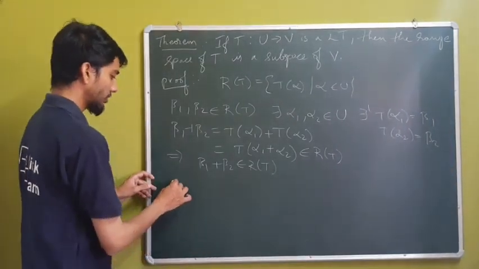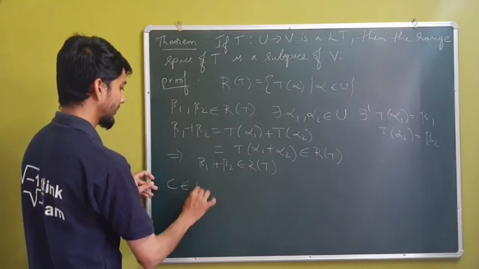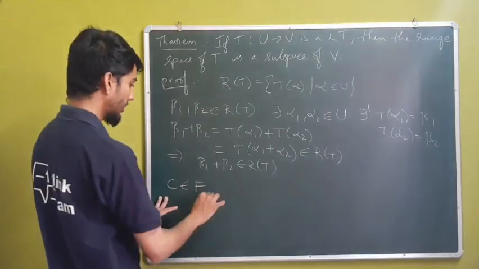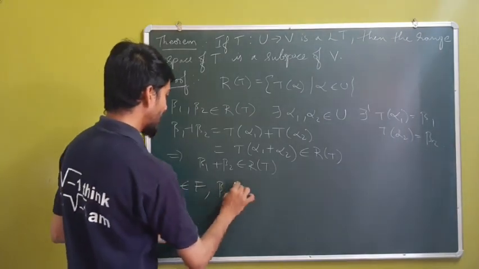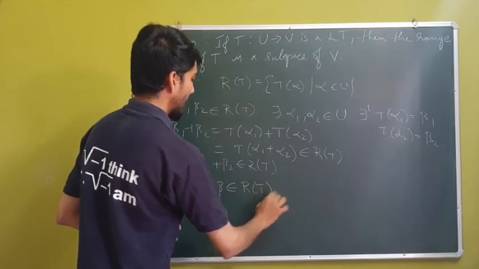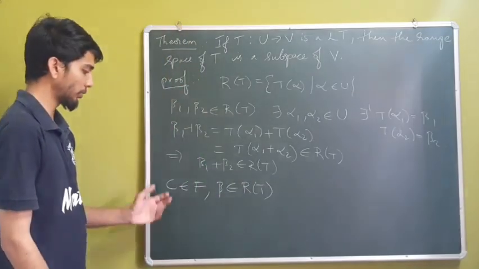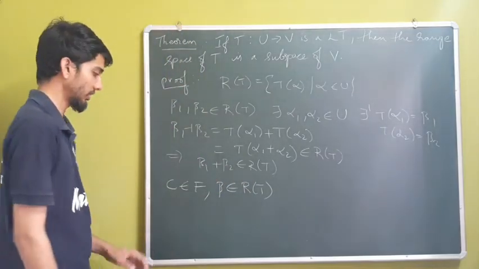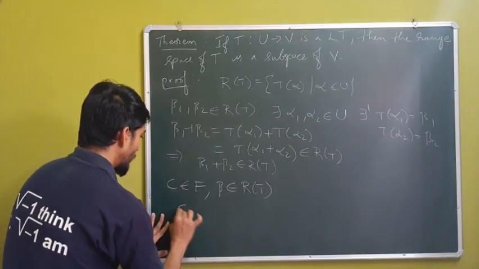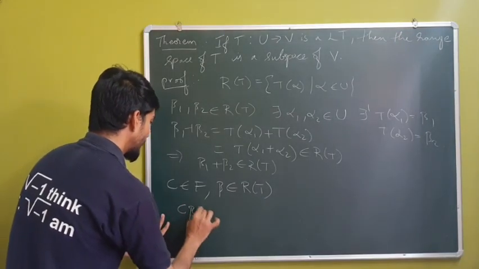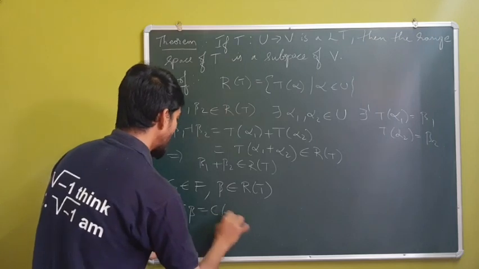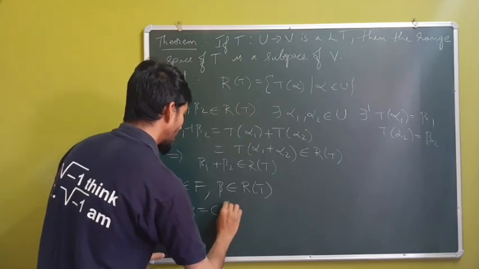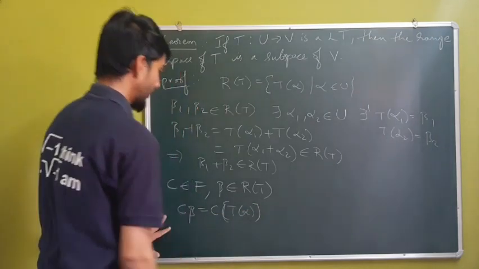Similarly, the next step is to prove that taking a scalar c from the given field F and an element beta in R of T, the scalar multiplication is also in the non-empty subset. So doing that, c into beta is nothing but c into T of alpha, say beta is equal to some T of alpha.